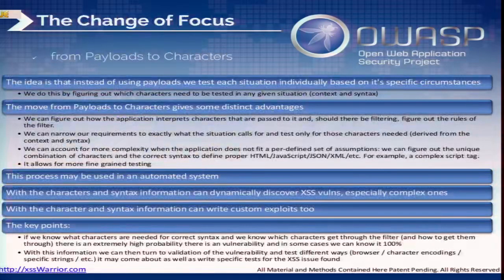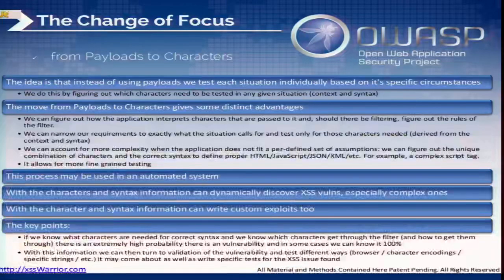Okay. So going into the weeds based on the framework. What we're doing is we're initially going to figure out the characters that we can get through the application. So instead of using these long strings as payloads with tracers, go back to the characters. We can figure out how the application interprets those characters, how it's passed in.